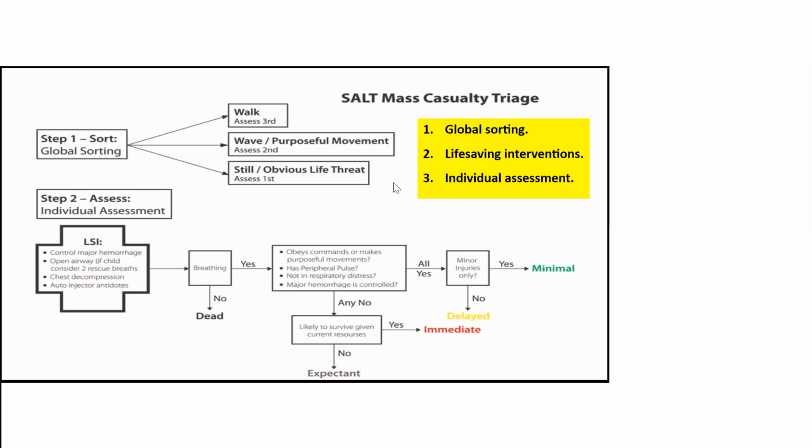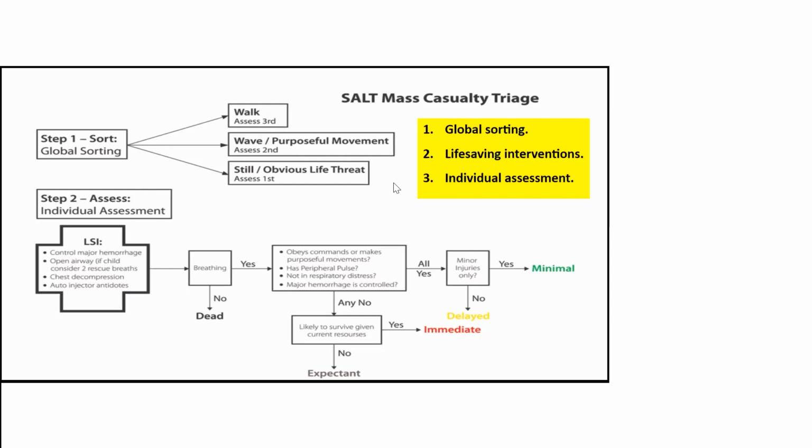And again, of course, within the scope of practice and available resources. If the patient starts breathing, then comes the detailed individual assessment: are they obeying commands, making purposeful movements, do they have a pulse? Remember, you can see there's nowhere here where anyone is measuring anything. Okay. Major hemorrhage is controlled. And then if they're all yes, and it's a minor injury only, you go there. If no, you're delayed. Likely to survive given current resources.